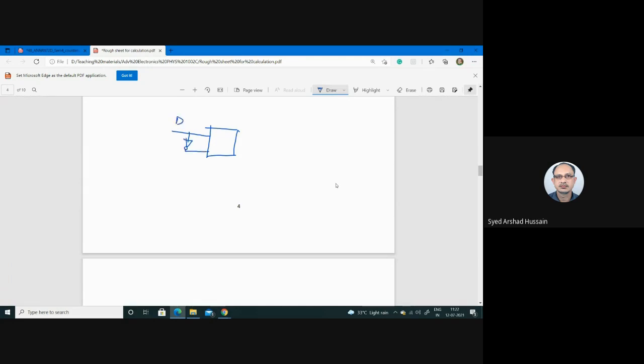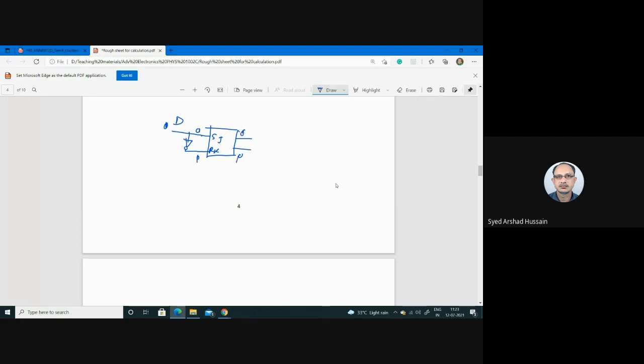So this is your D, this is SR or JK, no problem. This is your output. So if you give here 1, you will see that here 1, 0. If you give 0, output is 0, 1.